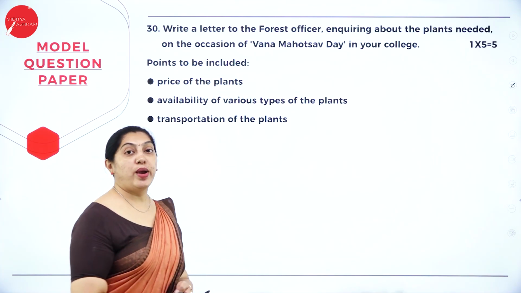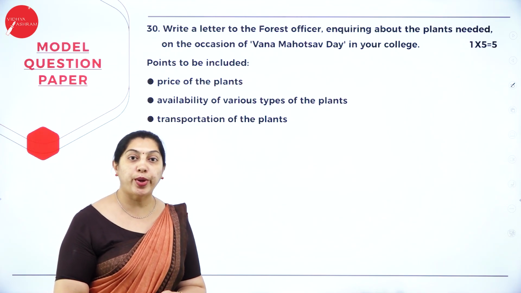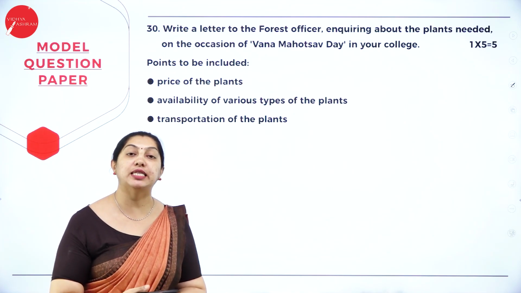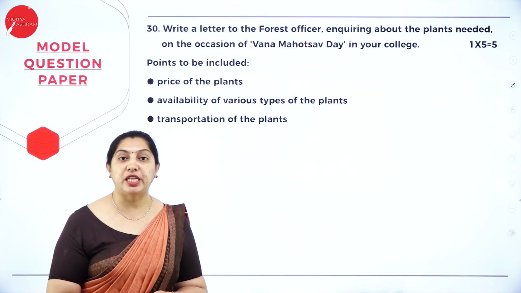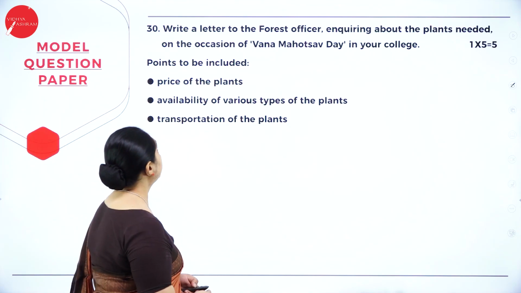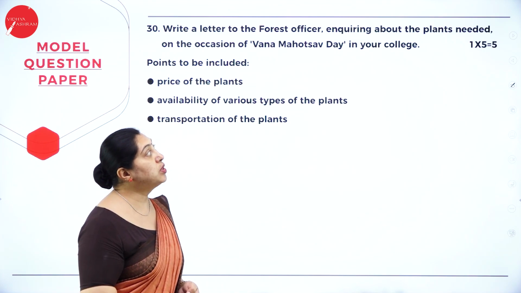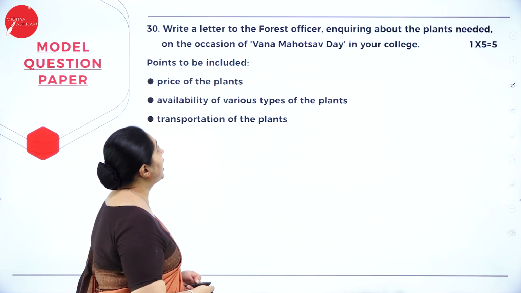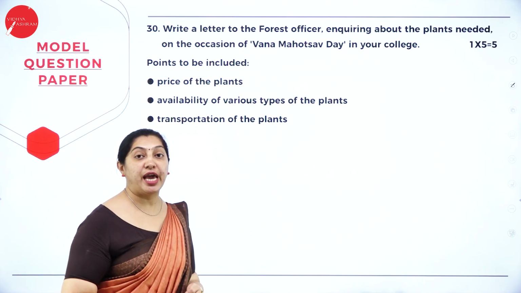And the last question, number 30, it's a very important, mandatory question where you don't have any option. It's letter writing. If you know the format, the only thing you have to study is the body of the letter. Write a letter to the forest officer inquiring about the plants needed on the occasion of Vana Mahotsava Day in your college. This question carries 5 marks.